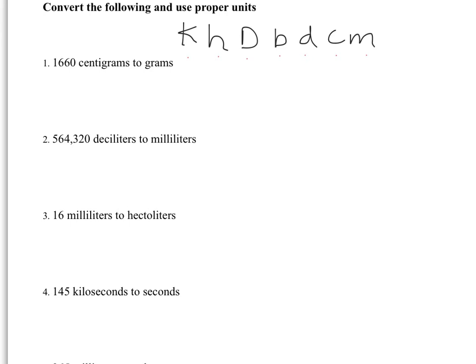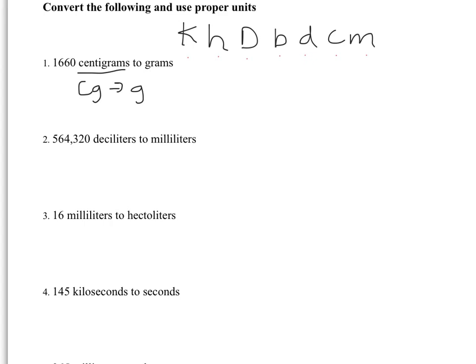Let's start by doing number 1. If you have 1660 centigrams, that's CG, and you want to convert that to grams, that means that you would be starting on the chart at centi and going to the base unit under grams. So that means that you would be moving 2 spaces to the left.